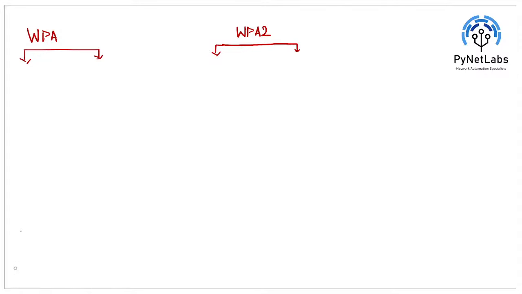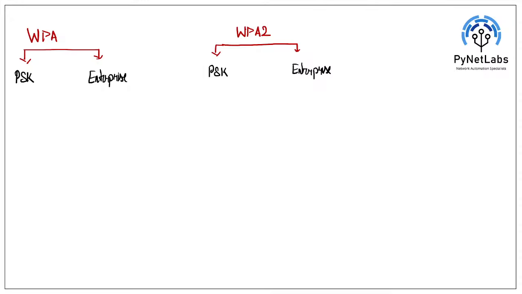WPA comes with the first variant, which is PSK, and the next is Enterprise. Here also we have pre-shared key, WPA2 PSK, and the other variant is Enterprise. Now we will see the difference between PSK and Enterprise.